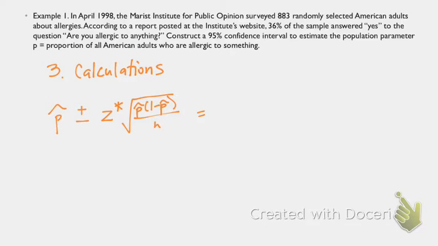Then I just plug in what I know. So I know p hat is 0.36, plus or minus 1.96 times the square root of 0.36 times 0.64 over 883.